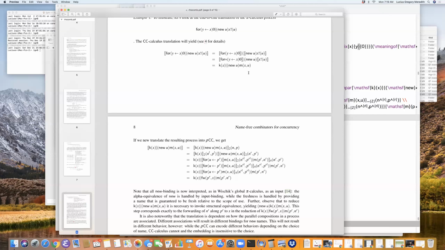And then since new is implemented in terms of abstraction, you get exactly the same issue. If you don't have some kind of analog in your execution model to abstraction, then you're going to get this massive blow up, which is really interesting, I think.